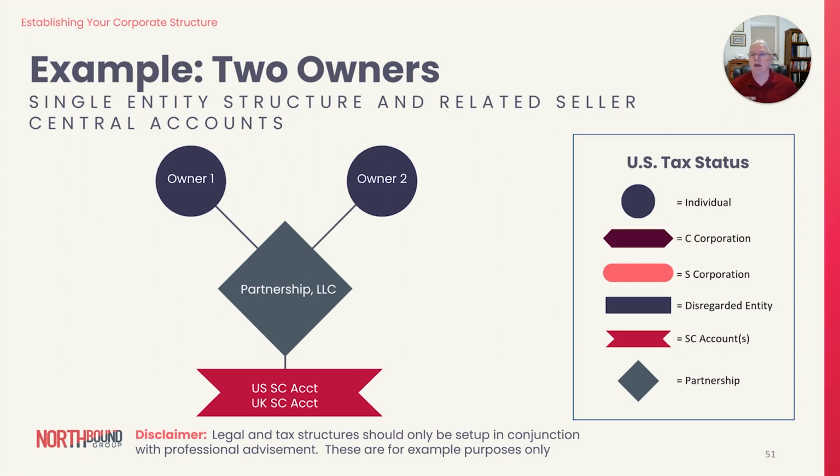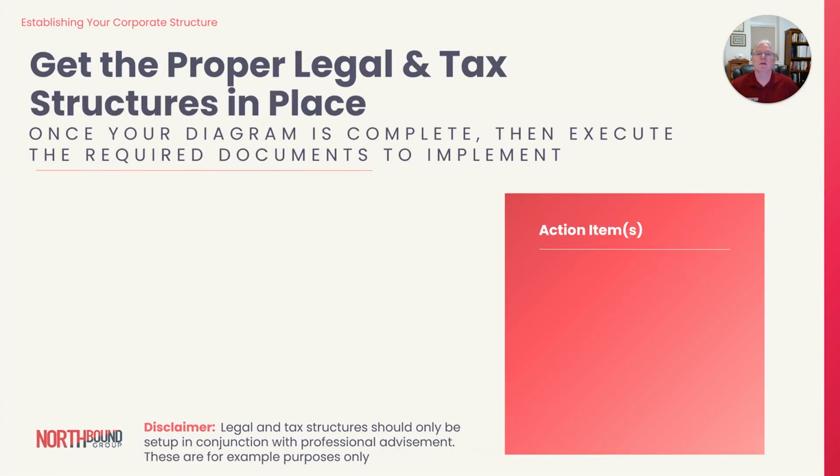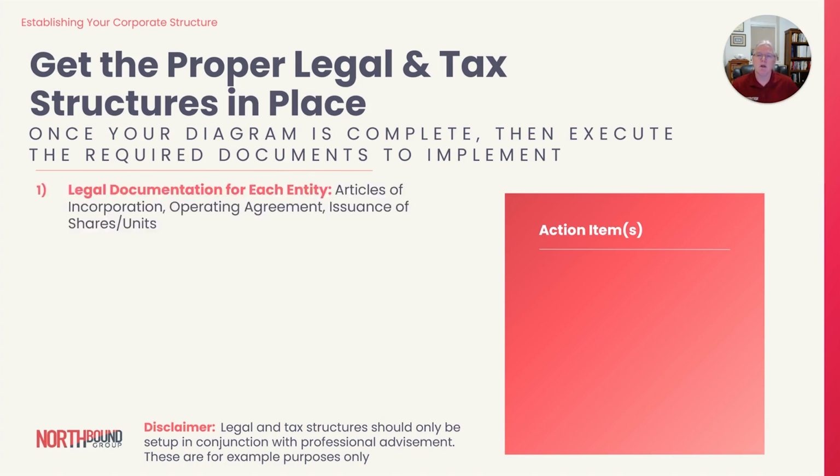So let's transition now from the corporate structure diagram document to the proper legal and tax structures that you want to get in place. Once you get your diagram complete, or anytime that you're updating it, there are a number of required documents that you're going to want to have in order to implement it. There are things like articles of incorporation with the state that you registered, or in another jurisdiction if you're in another country.